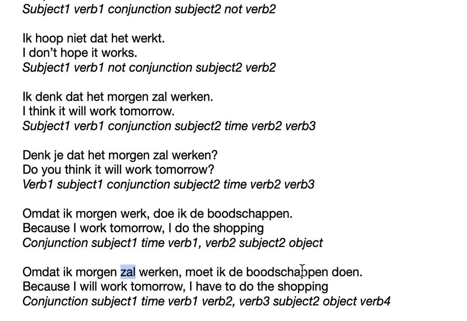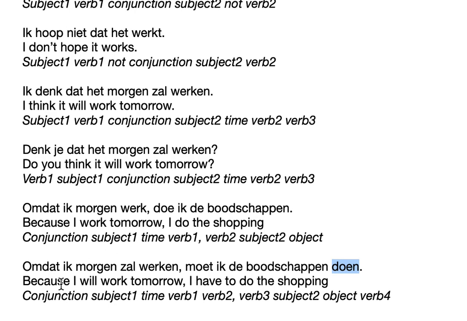Moet ik de boodschappen doen? And here you use inversion, moet ik, simple inversion, and doen goes at the end because it's the second verb of this sentence. Alright, let's read it again. Omdat ik morgen zal werken, moet ik de boodschappen doen.